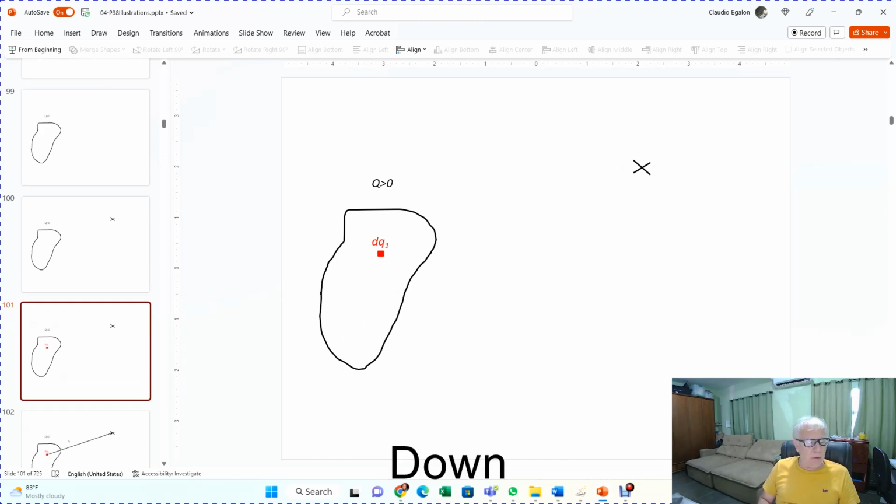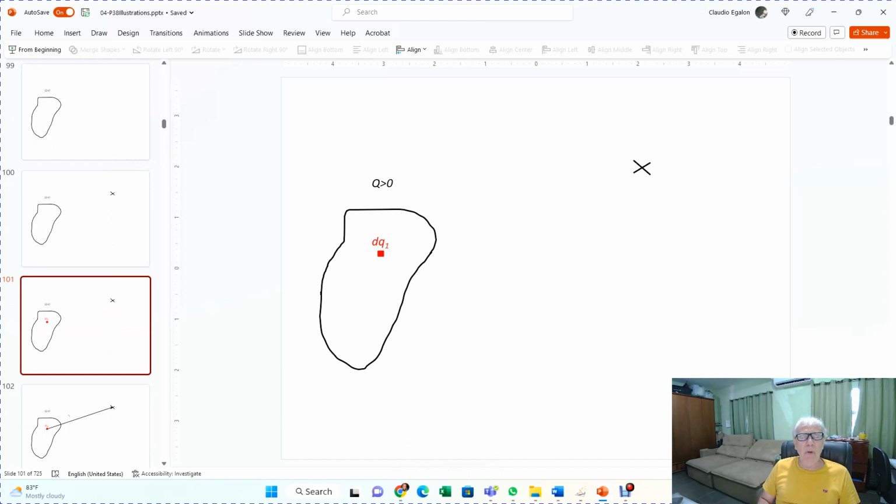We start by visualizing an infinitesimal charge in that object. That infinitesimal charge at that position has the following position vector from the charge to the point, right?